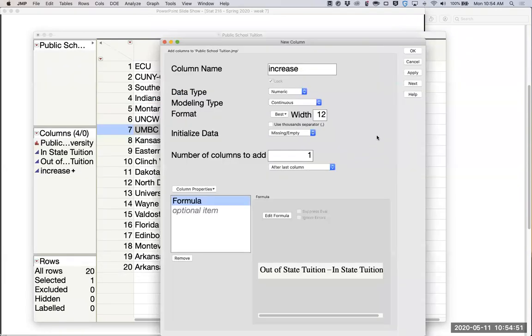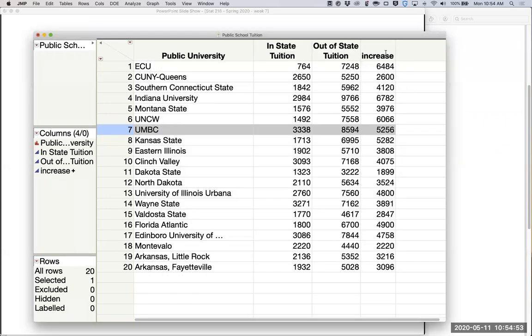This new column called the increase is how much higher the out-of-state is than the in-state tuition. So for example, 7248 minus 764 is 6484.